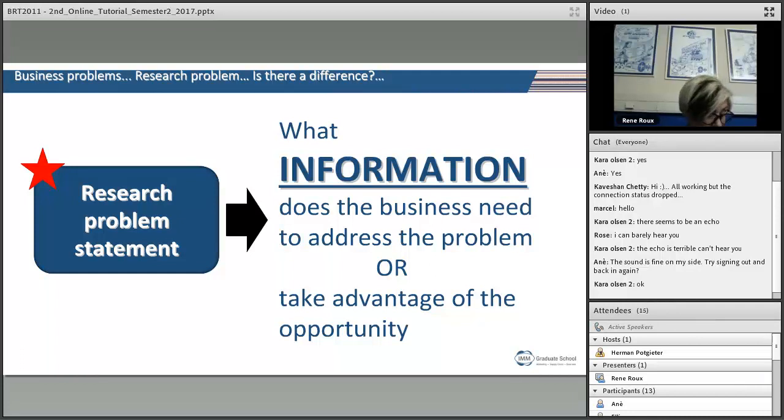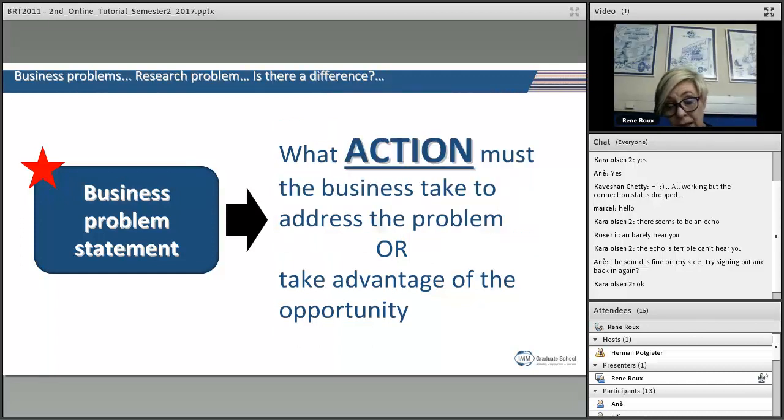Let's say the business sits with the problem that they have noticed that over a year now, month on month, their sales figures have dropped. That's the problem. The sales figures have dropped and they need to address it. They need to stop that decrease. They have to stabilize it and ultimately change it so that it's on the increase again.